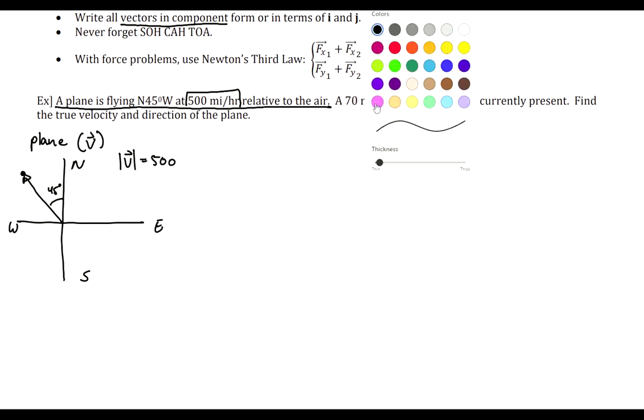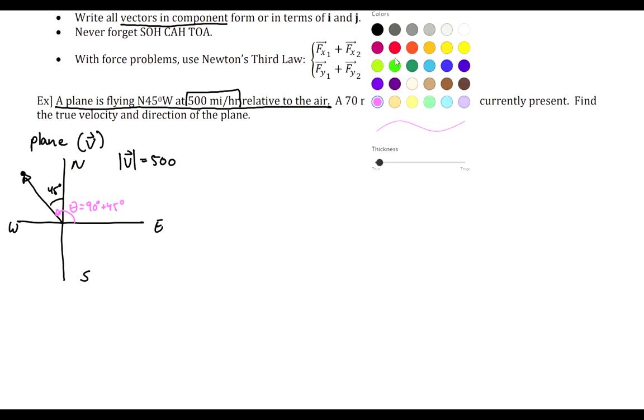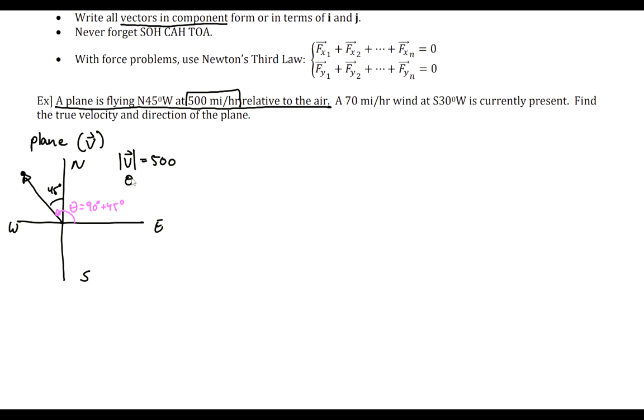The direction I'm going to mark in the pink. That's the standard angle, which should be 90 degrees plus 45 degrees, and I'll put it with my v right there. 90 plus 45 is 135 degrees. So that's our information for the plane.